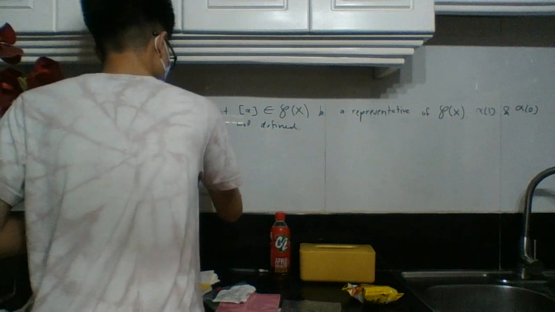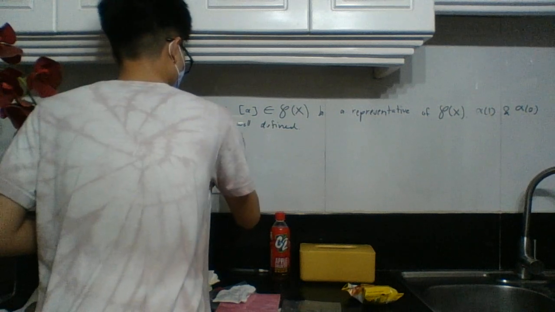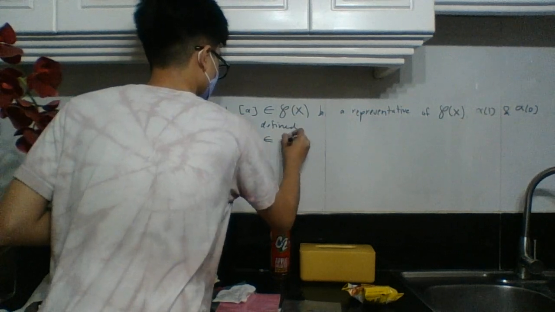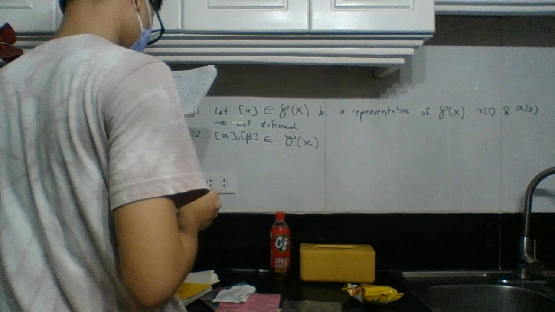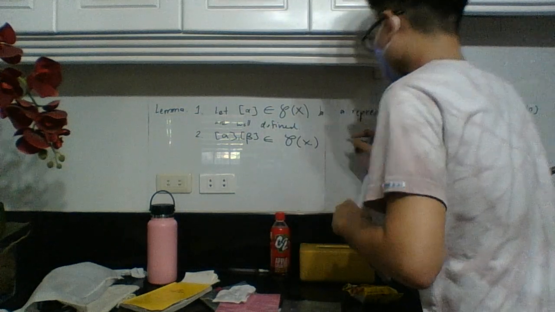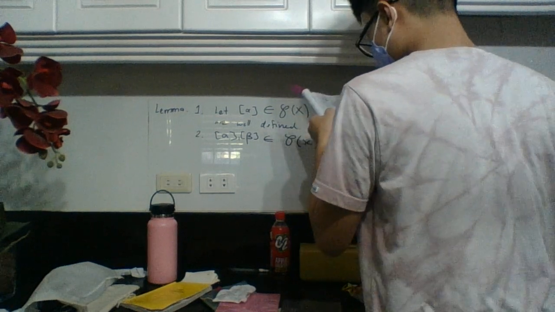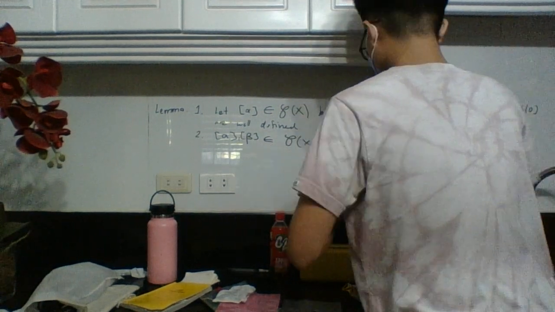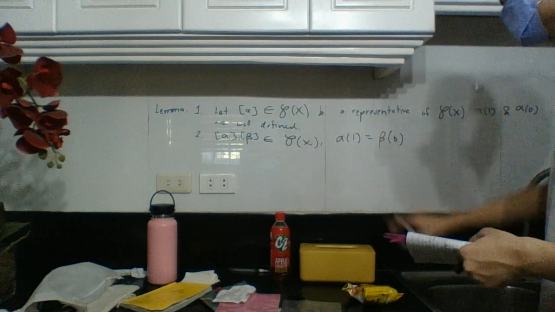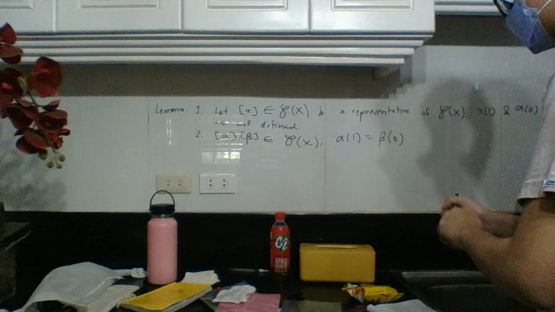Okay, 2. So take two representations in curly P of X, which I'll call alpha and beta. If we let alpha of 1 be equal to beta of 0, then the endpoint of this path is the same as the starting point of the other path, so they can be connected paths.